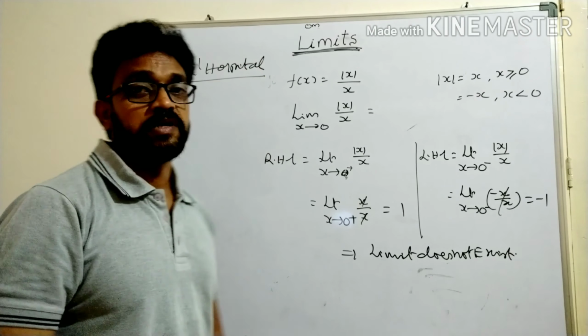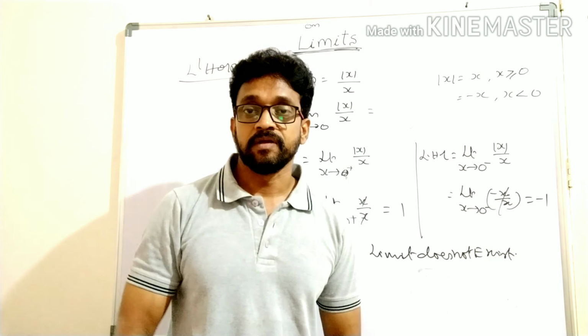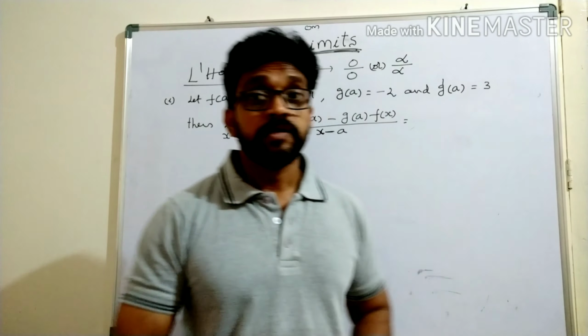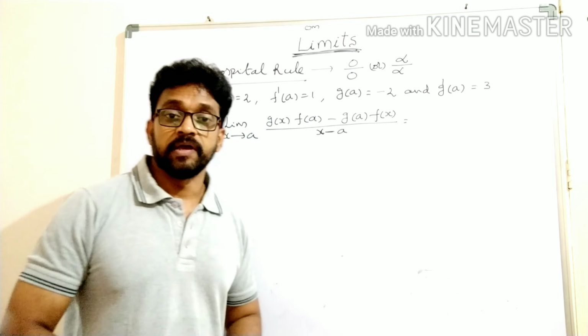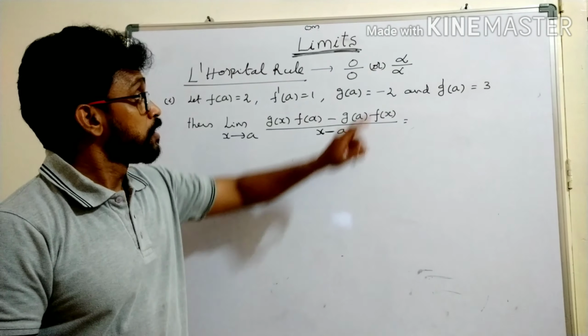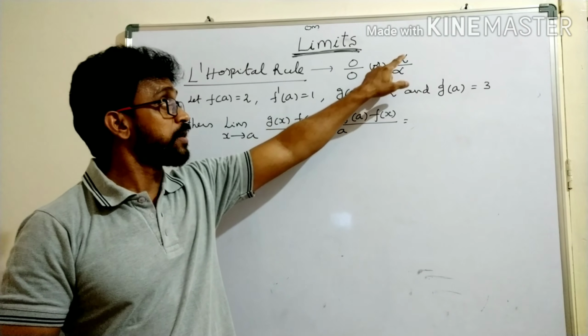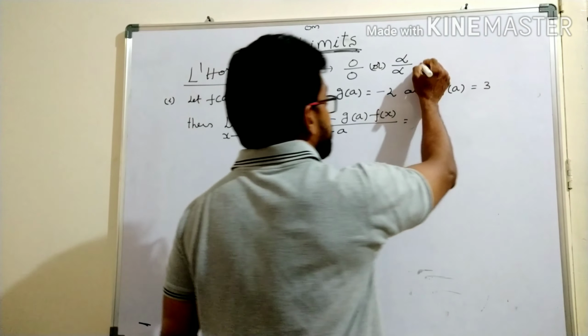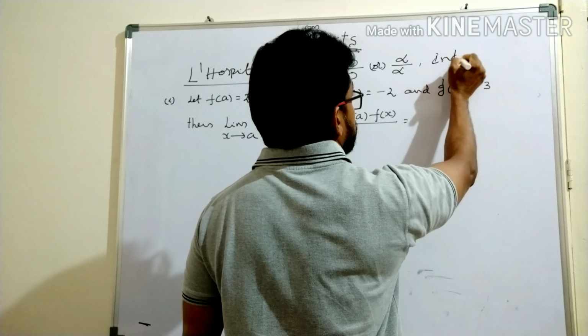This is a very important rule for solving. Here we are observing L'Hospital's rule. Generally, you should apply this method in 0 by 0 form or infinity by infinity form. Both forms are known as indeterminate forms.